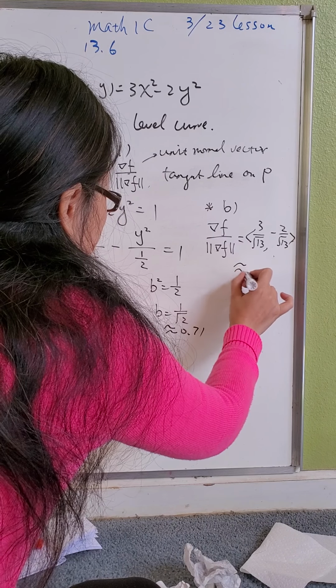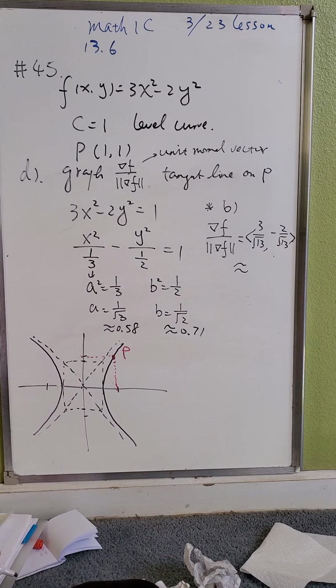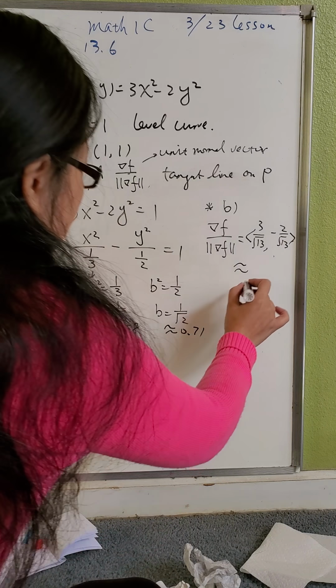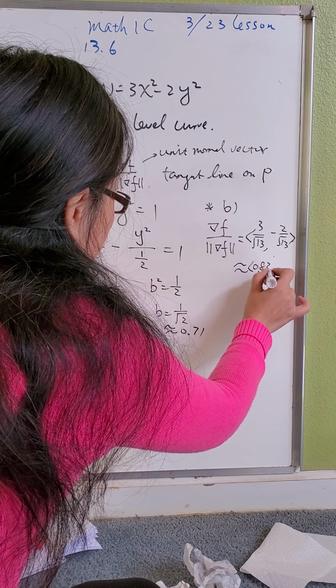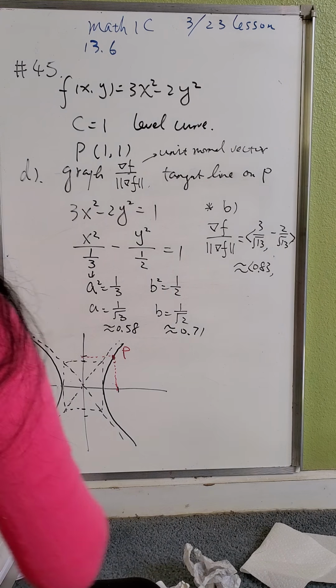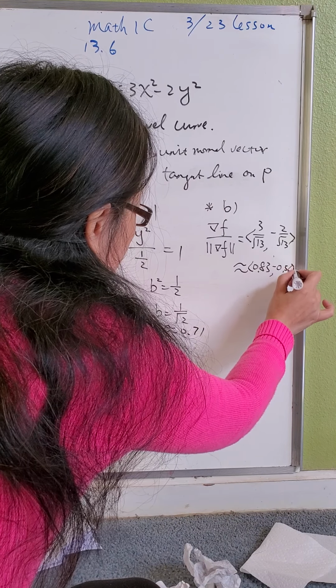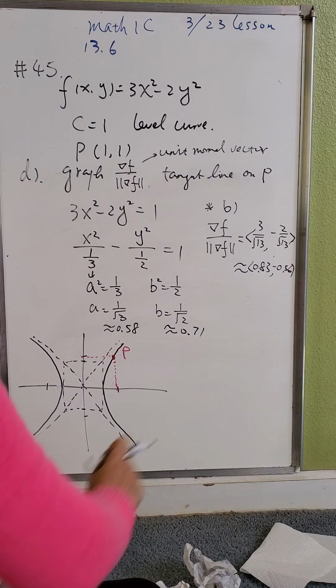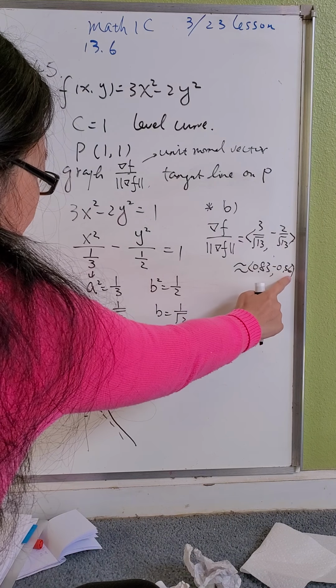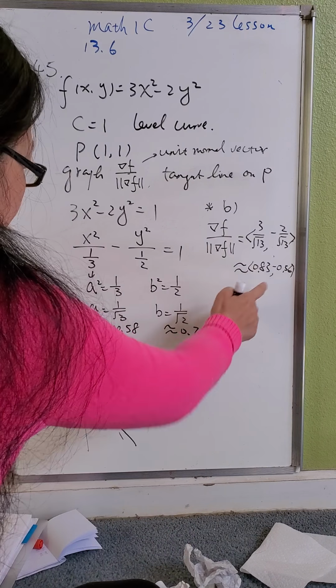And I'm going to approximate this number so that it's easy from the graph. It approximates out as 0.83, and then negative 0.56. Oh, not very good. So this is 0.83 and negative 0.56.